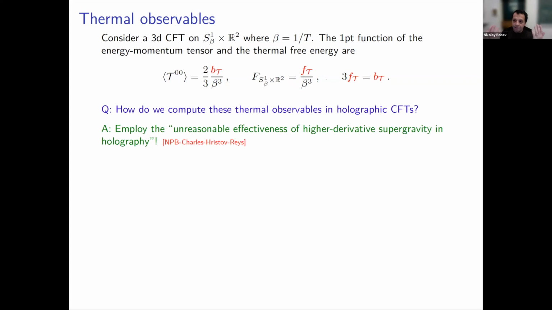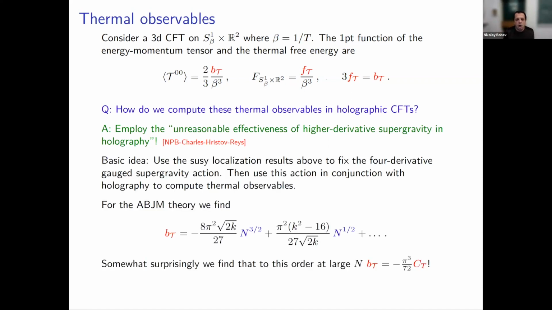And once I have a supergravity Lagrangian with the corrections explicitly known, I can then apply that to a non-supersymmetric solution. So the Lagrangian is actually supersymmetric, but the solutions of the supergravity theory may not be supersymmetric, may be thermal. And so applying this very simple idea, in this case, we were able to compute this number, B_T, the subleading term of this number.